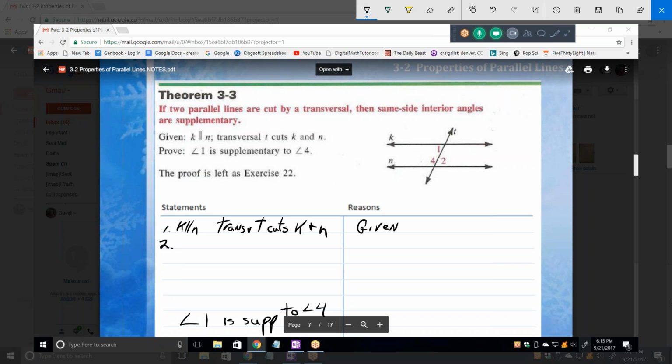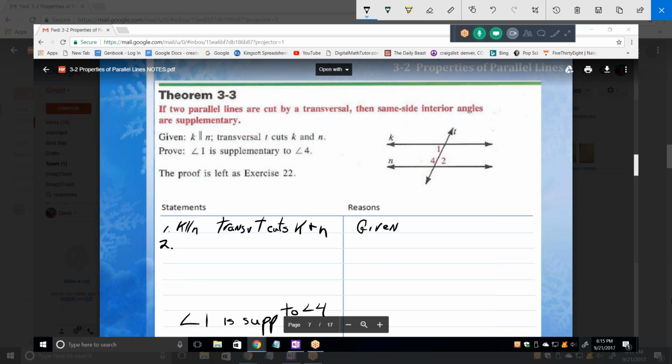So the next thing I can say, they're only showing 3 angles up there, so we must be able to do something with 4 and 2. You could do these in a couple of different orders, but there's at least 2 steps that have to come before we can get to the 4th step.